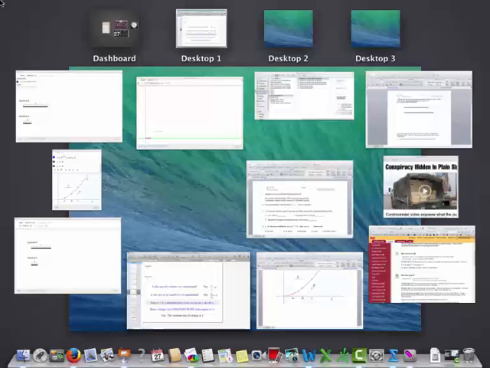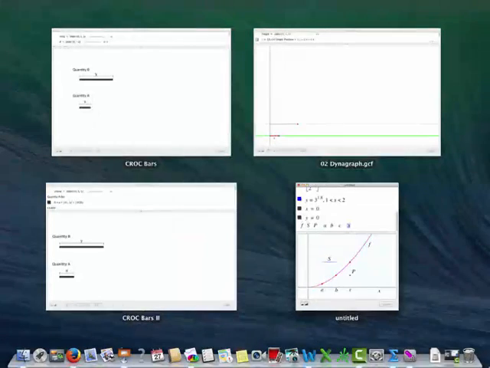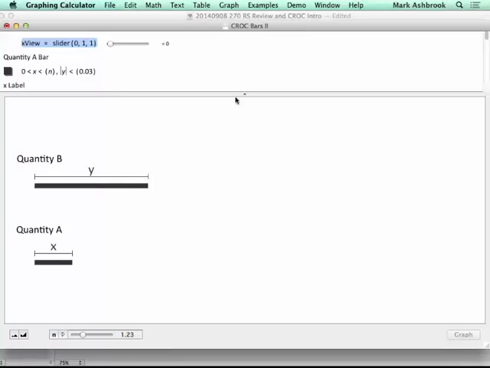Okay, so let's talk about, let's see here. What's the relative size of quantity B with respect to quantity A? Right on. 3 or 4, something.